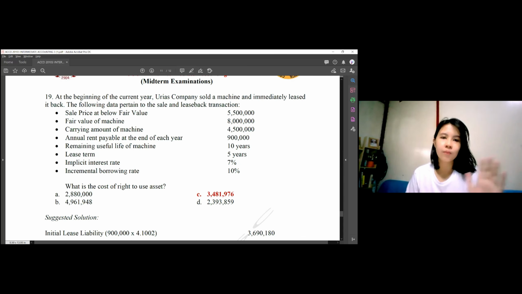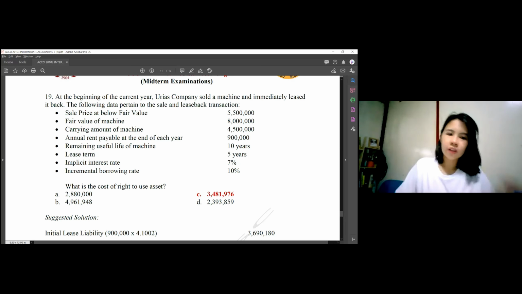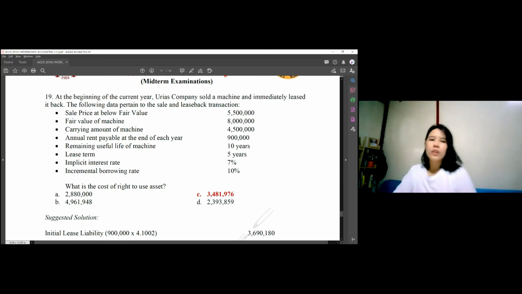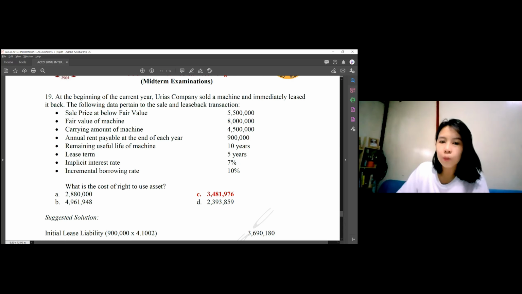Okay? So, hindi doon natatapos kasi 'di ba, remember, only a portion will be retained in the seller lessee books for the right of use assets. Okay? So, to compute for the cost of right of use asset, we will prorate, 'di ba? Gagamitin natin yung total lease liability. Divide natin yun dun sa original na fair value, which is 8 million. So, once we get that, we'll multiply it by the carrying amount of the machine.